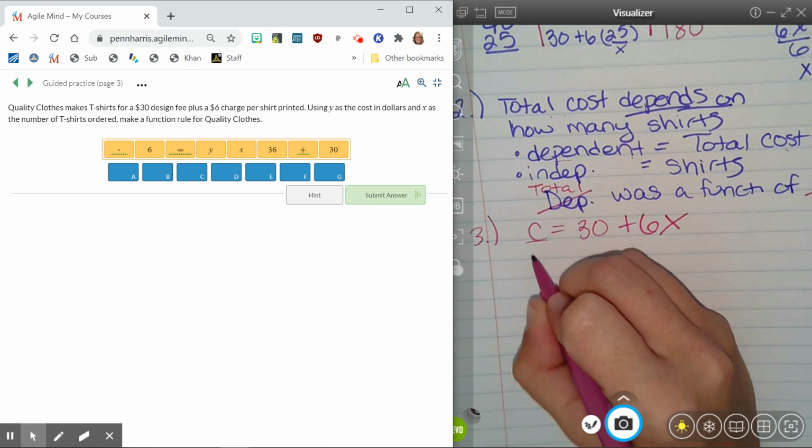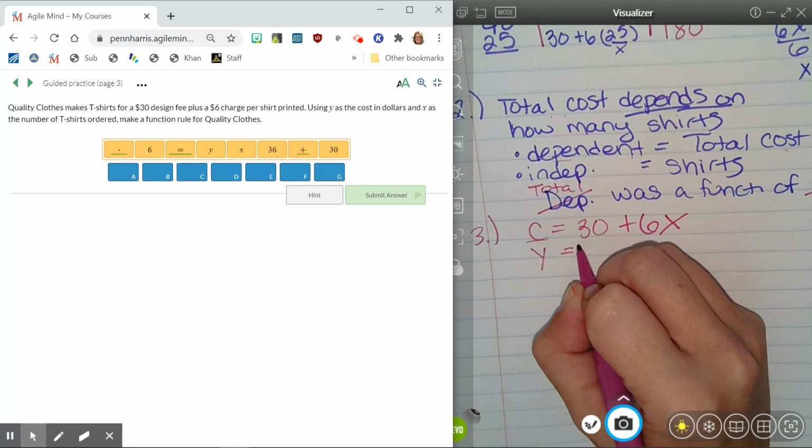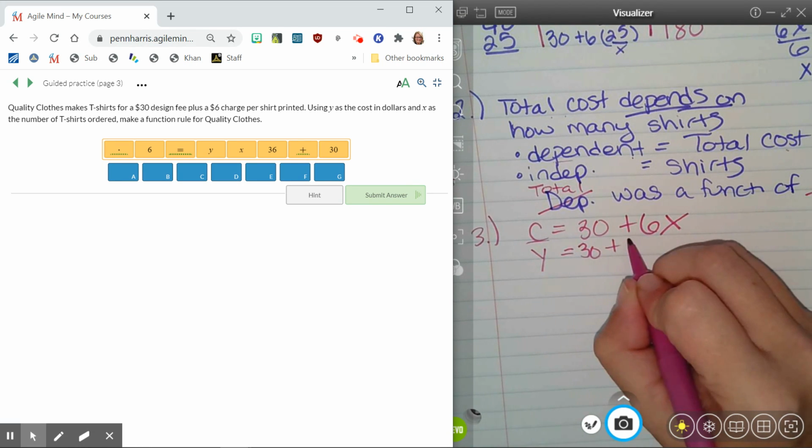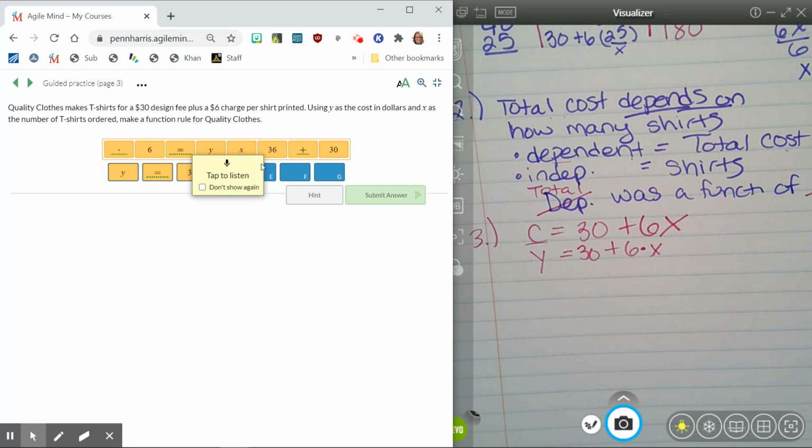So this is going to be Y equals $30 plus $6 times my variable X, the number of shirts I buy.